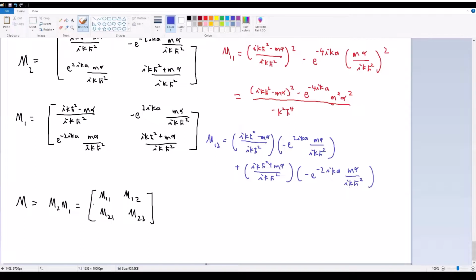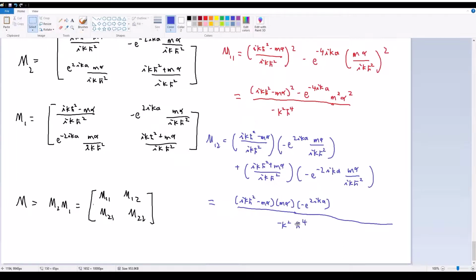Once again, immediately I see that there's a common denominator here. So this is going to be divided by negative k squared h bar fourth at the bottom. Then at the top we have (ik h bar squared minus m alpha) times negative e to the 2ika. And my fraction is getting very lopsided.